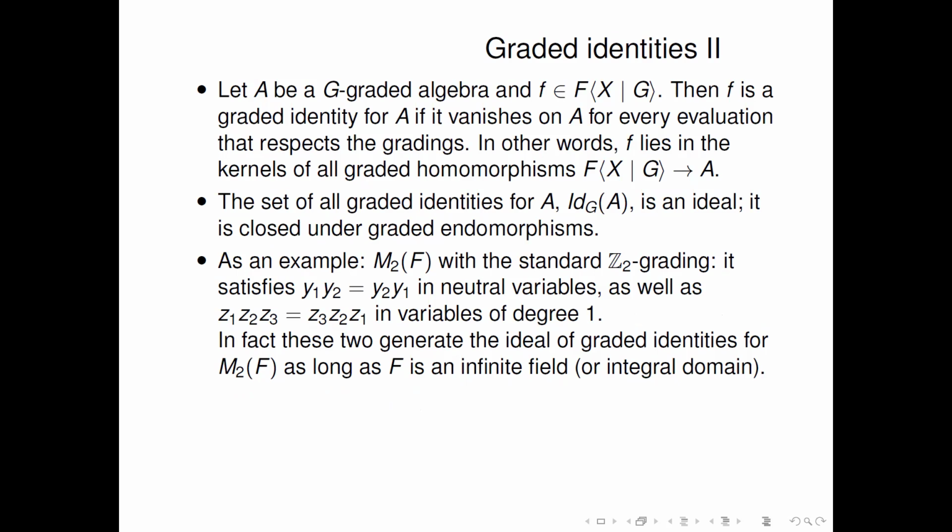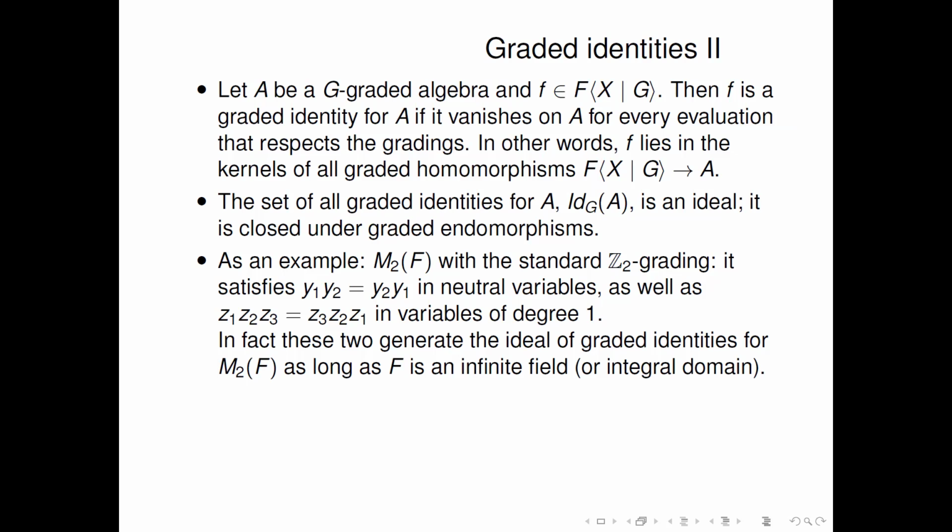Take a polynomial in it, then it will be a graded identity for a G-graded algebra A, whenever it vanishes for every evaluation that respects the grading. That is, if you have a variable of degree g, then you can substitute it by an element of degree g. But any substitution works.